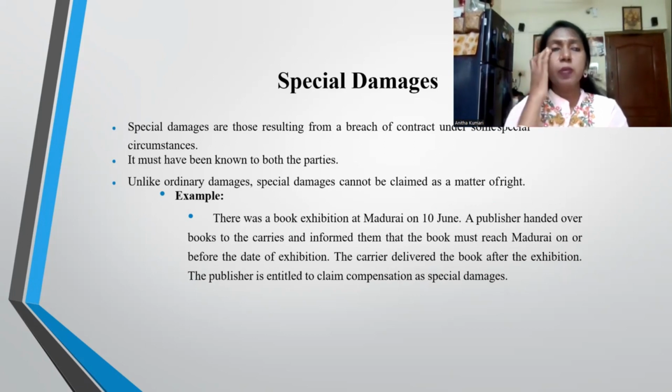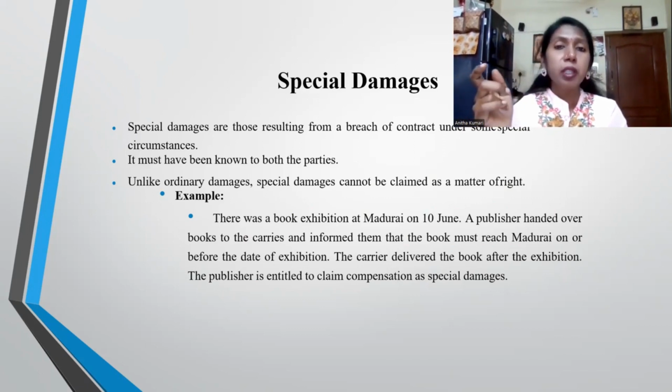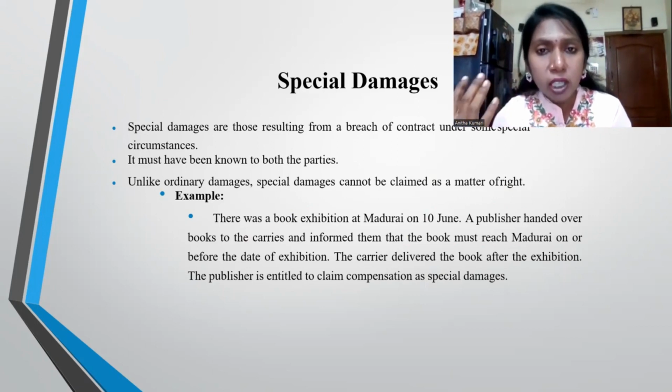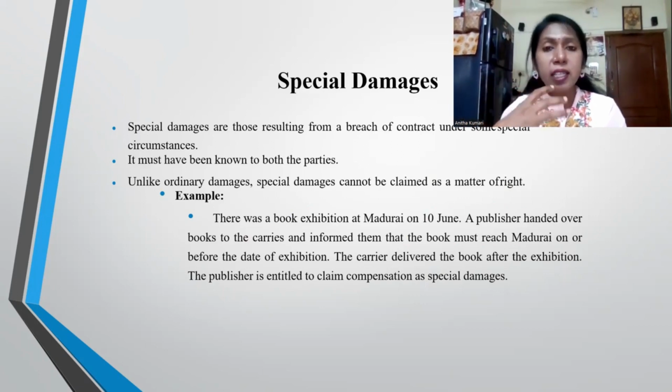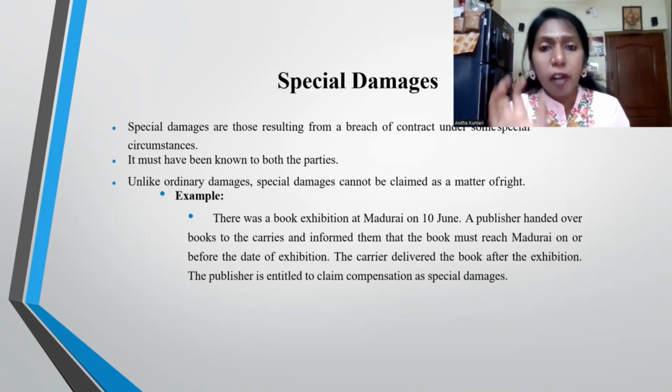What is called special damages? Special damages in the sense when any one party suffers a loss due to the negligence or the refusal of one party's performance or delay of performance. That is called special damages.